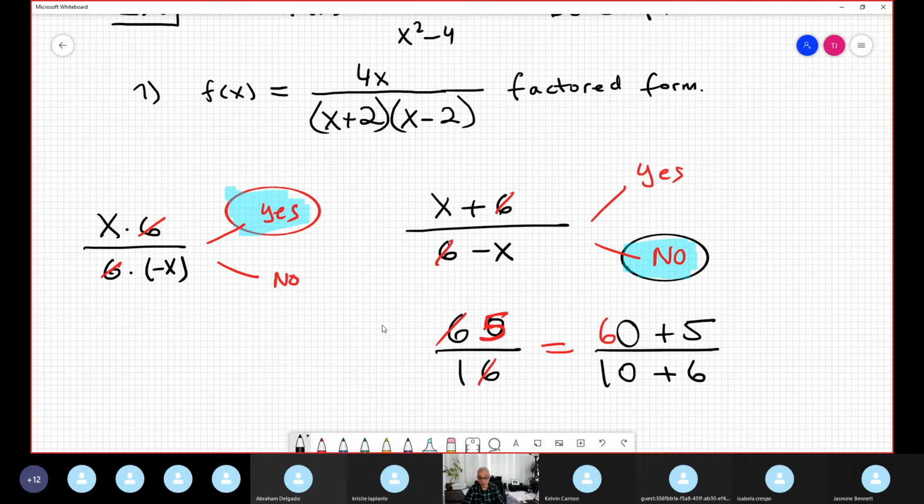So you cannot simplify because this 6 is 60 and this is just 6. When you simplify, that means they are equivalent and it's gone. So in conclusion, when you have plus or minus, never. However, when you have multiplication, we can always delete. Okay?